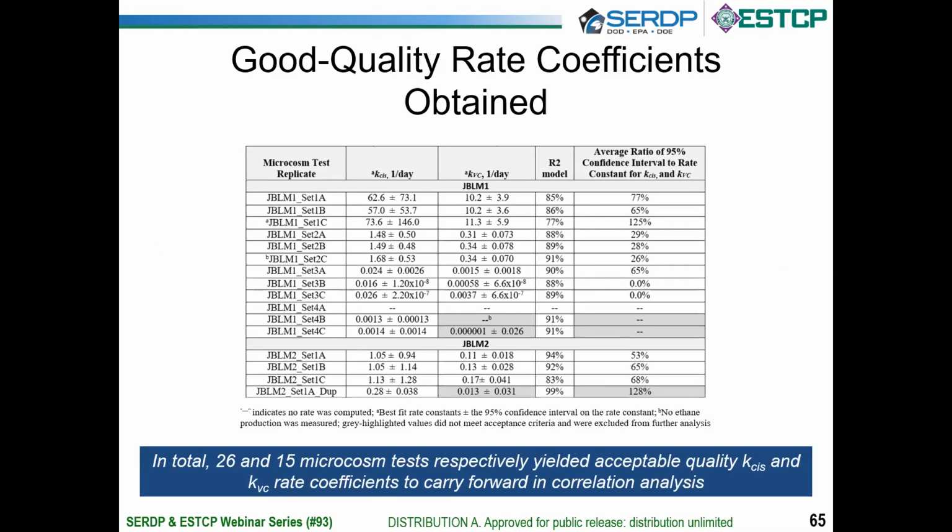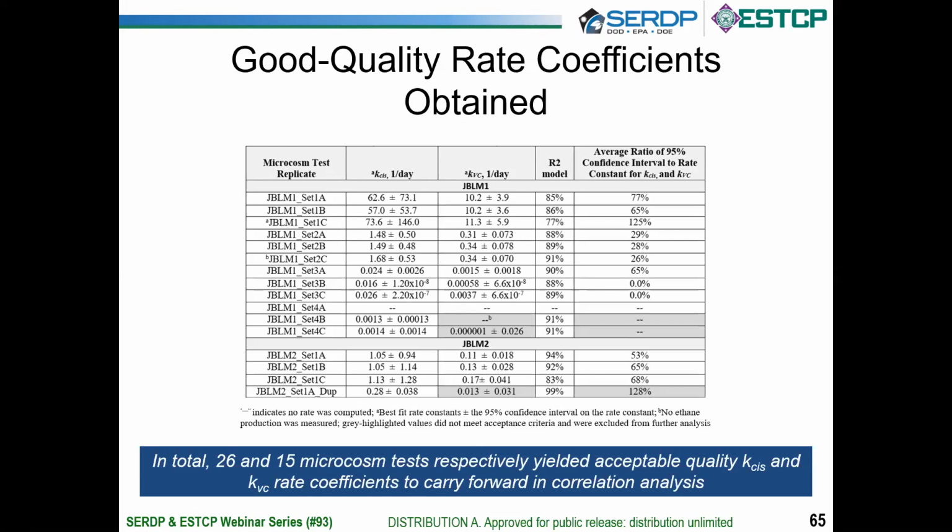We screened to determine if the rate coefficient was acceptable for a given microcosm by looking both at the global R squared of the model fit, as well as a combination of the 95% confidence interval on the K-cis and KVC rate coefficient values. And together, if both were acceptable, then the microcosm was considered acceptable for carrying forward into correlation analysis.